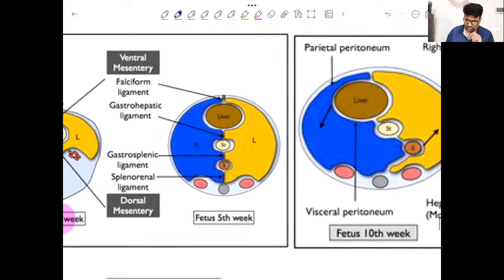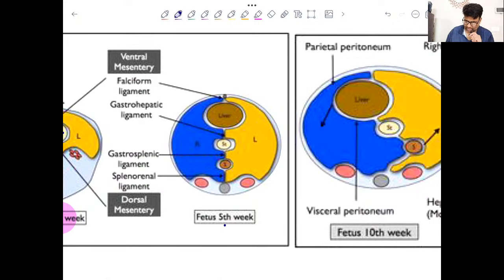Then around the 5th week we will see this is liver, this is stomach, and this is spleen, okay.